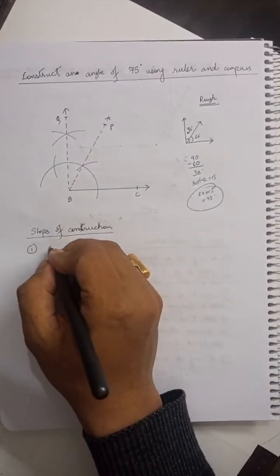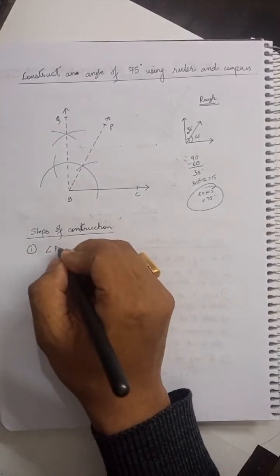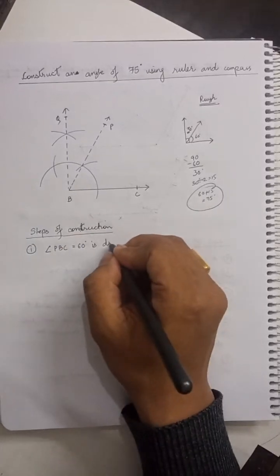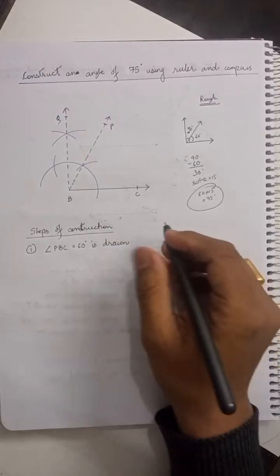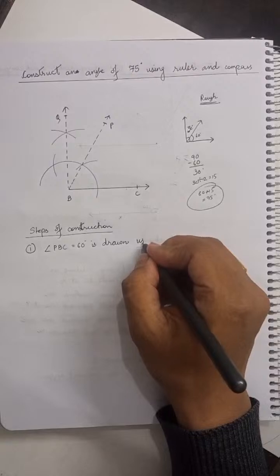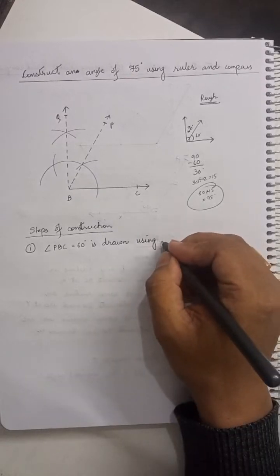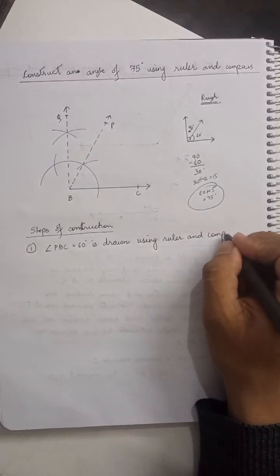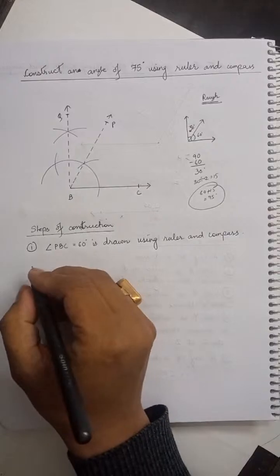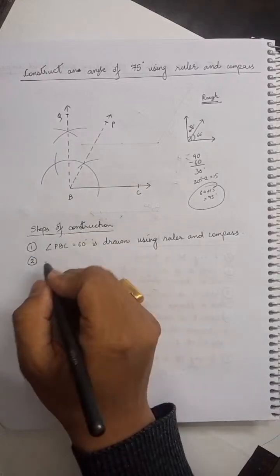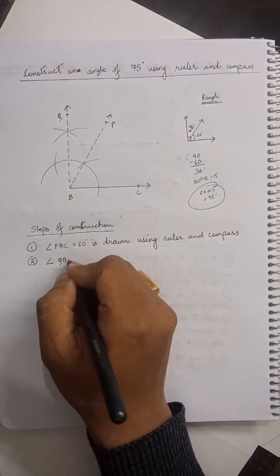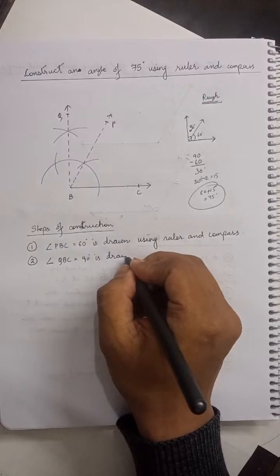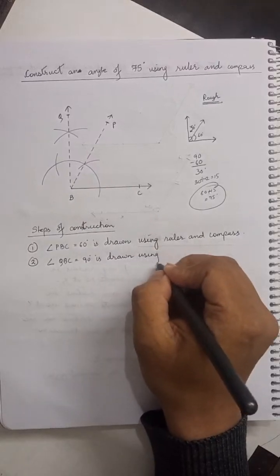So I will write angle PBC equal to 60 degree is drawn using ruler and compass. And the second step we will write angle QBC equal to 90 degree is drawn using ruler and compass.